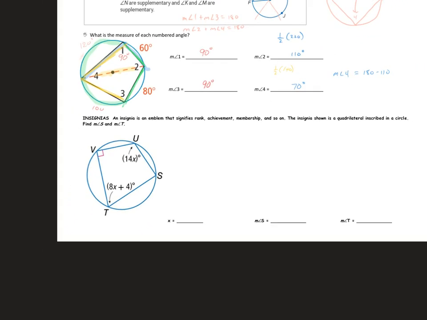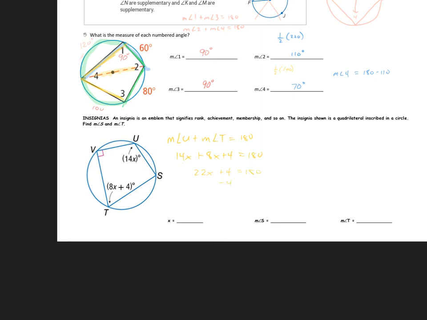Algebraically, what do we know here? We know here that the measure of angle U plus the measure of angle T will equal 180. Angle U is 14x. I know that angle T is 8x plus 4. That is 180. 14x and 8x is 22x, plus 4 is 180.